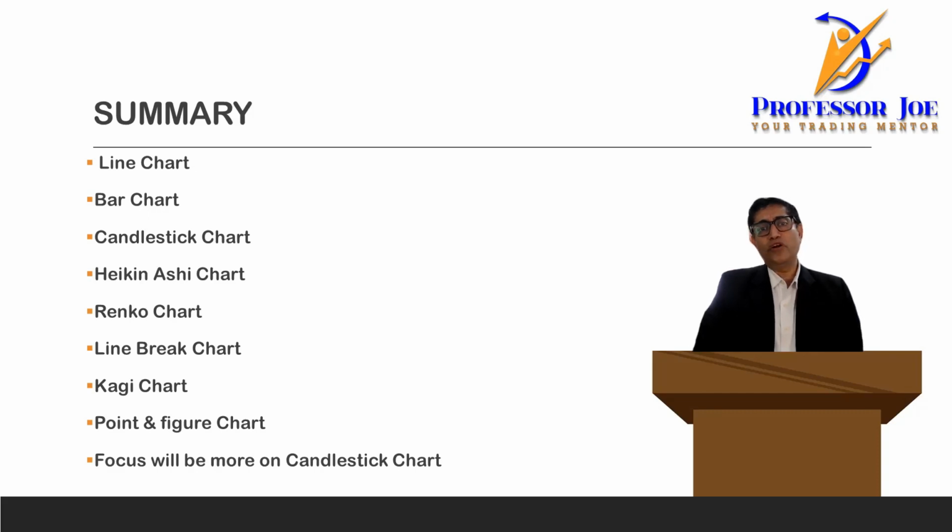So there are multiple options that a trader has. Normally, traders will use line chart, bar chart, or a candlestick chart. In this series of videos, we will be focusing more on candlestick charts, since there is a lot of research done on Japanese candlesticks and the psychology patterns of each and every candlestick, so we will focus more on candlestick charts.